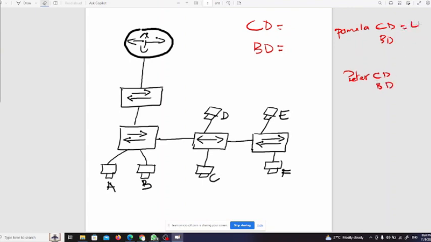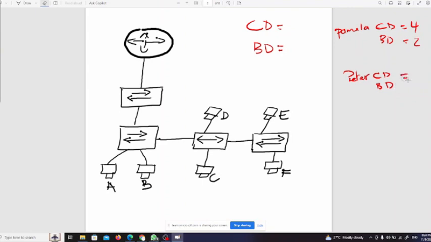Okay, so 4 collision domains. Broadcast domain: 2. 2 broadcast domains. Okay.